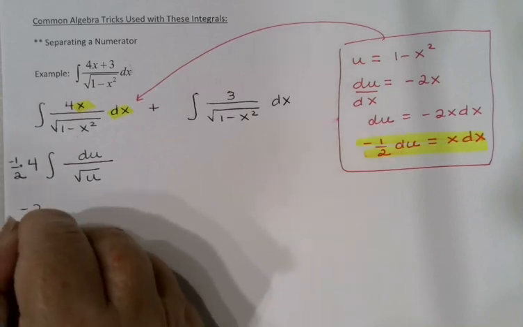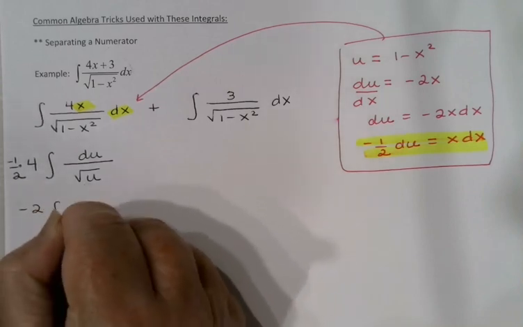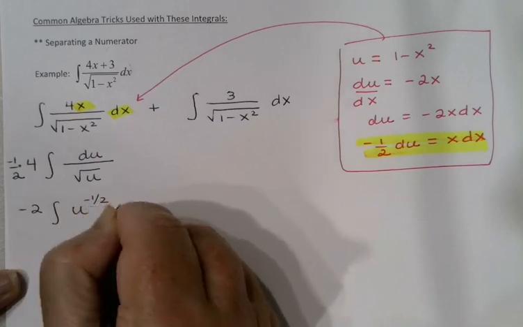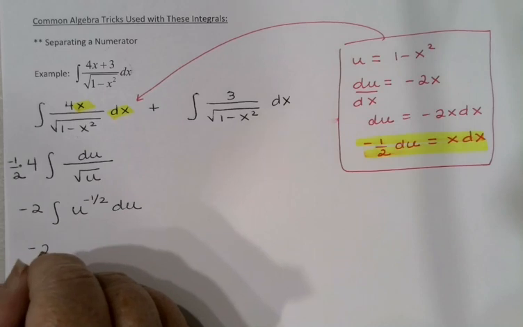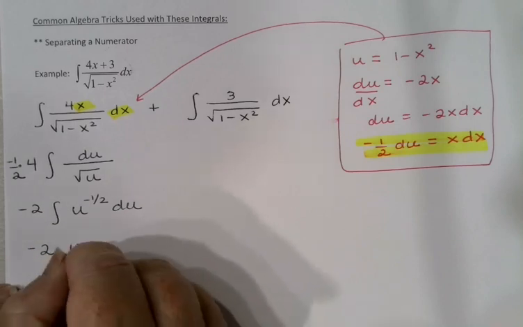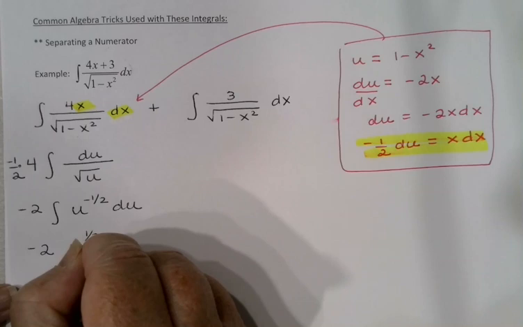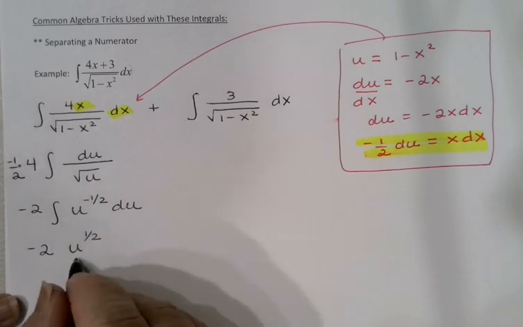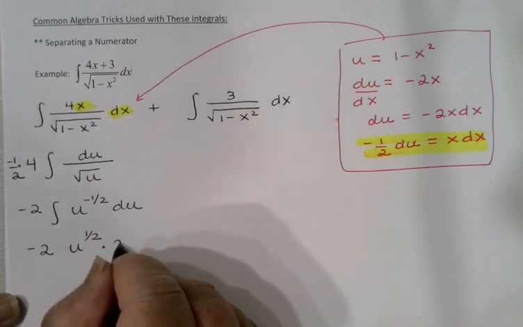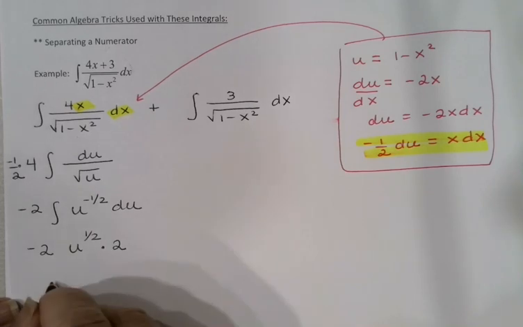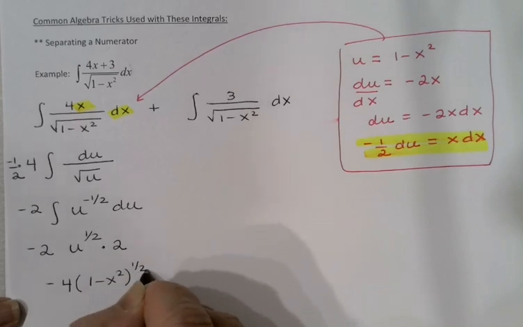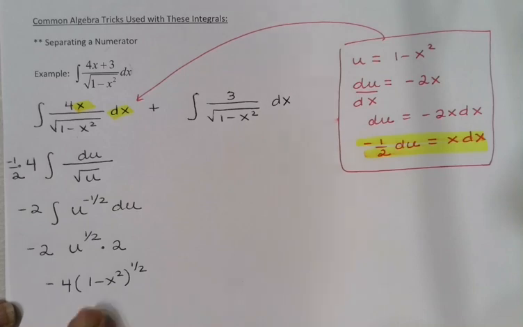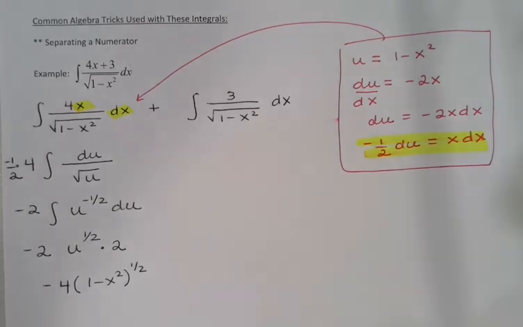That would be negative 2 times the integral of, that's really u to the negative 1/2 du, or negative 2, power rule here, u to the positive 1/2. Dividing by 1/2 is the same as multiplying by 2. So I'd have negative 4 times the u, which is 1 minus x squared, to the 1/2. Okay? So, all very well and fine on that one.